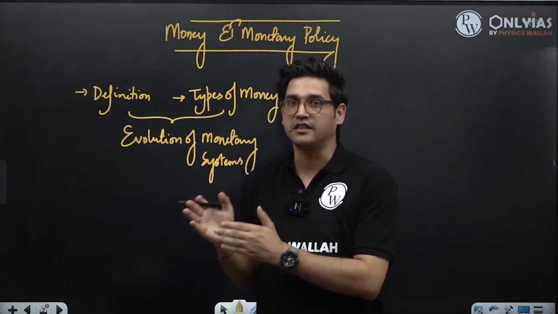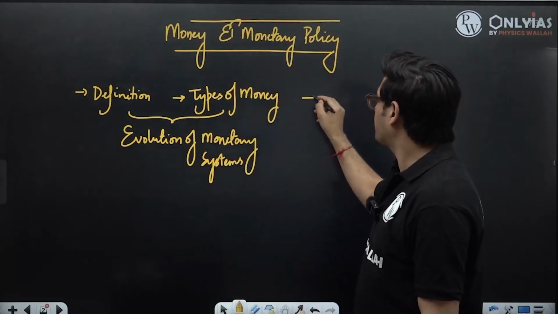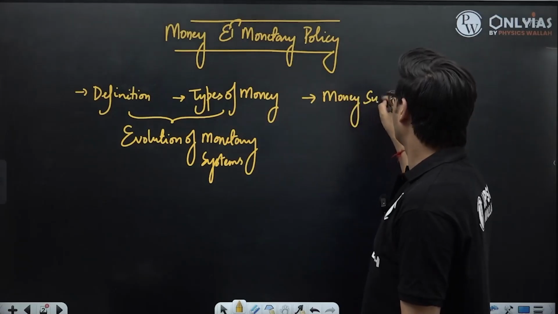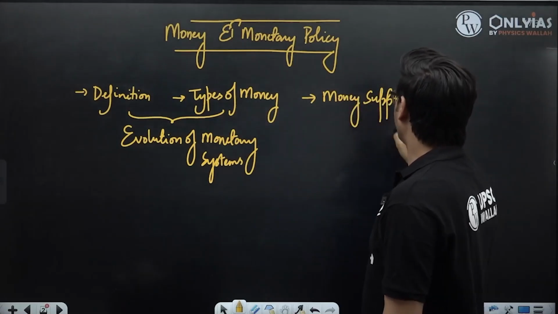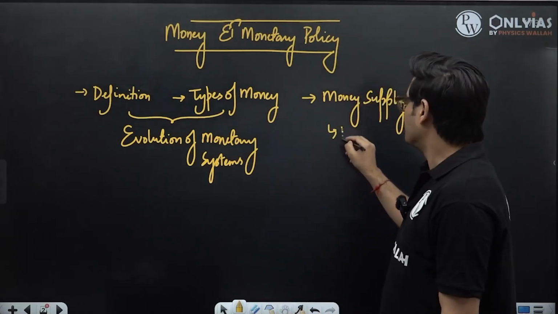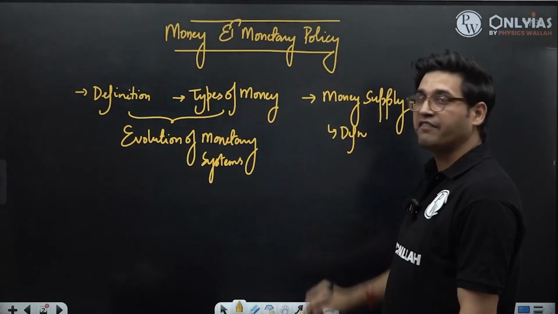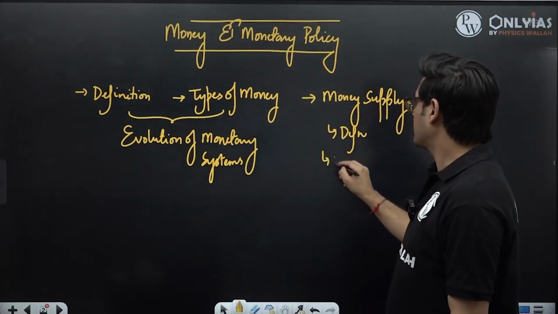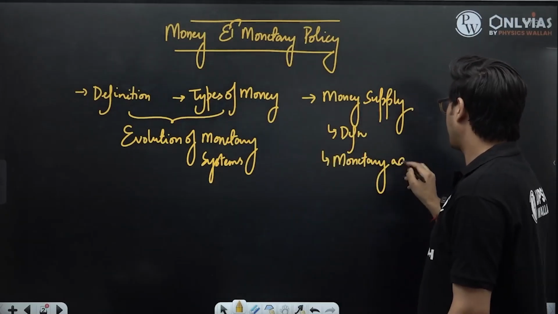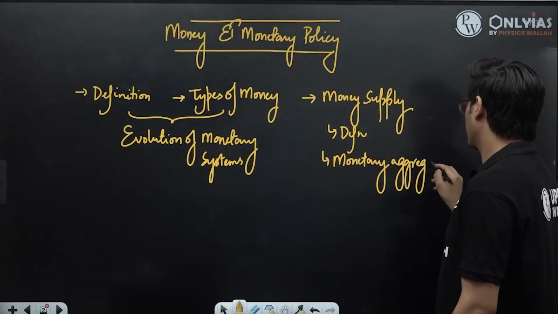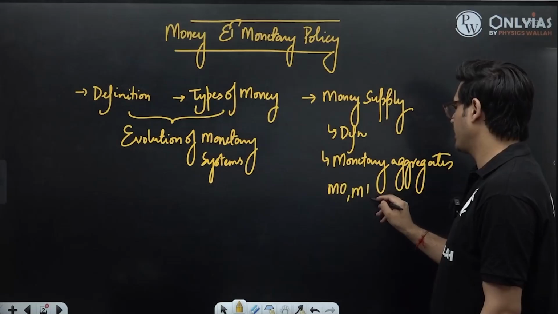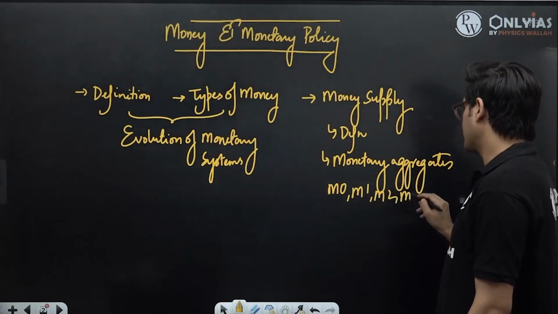After we are done with these, then we are going to pick up a very important concept, which is that of money supply. What is meant by money supply? What is its definition? What are the various monetary aggregates? Which is, what do we mean by M0? What is M1? What is M2? What is M3?